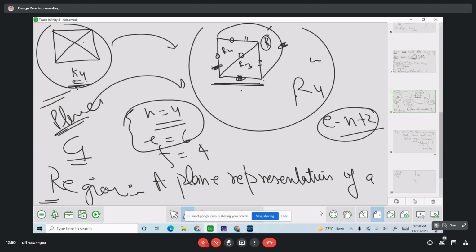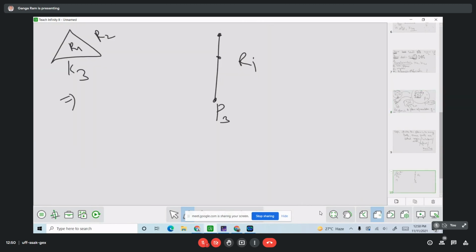Is this quantity equal to the number of regions for this graph? Yes, sir. And for this graph?